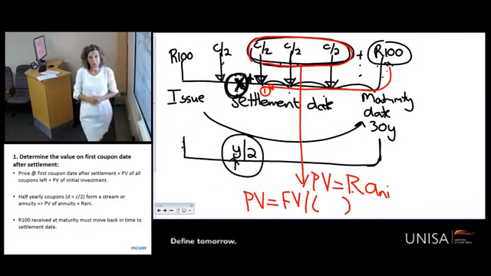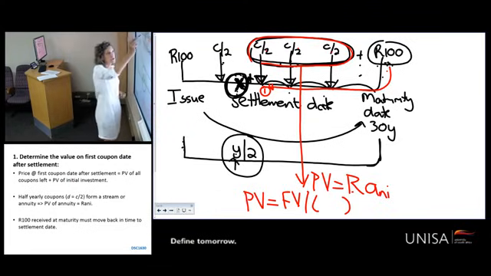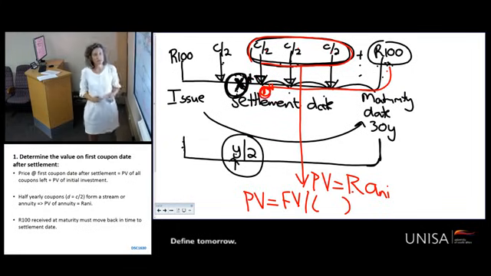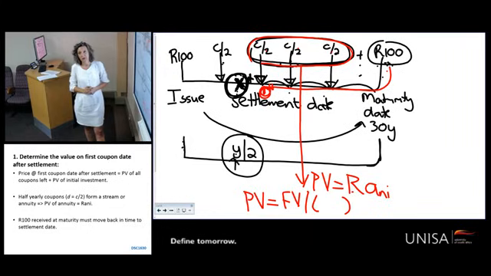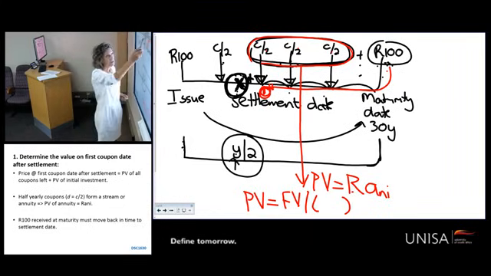That's another way. So what we do is we determine the value here, which is the next coupon date after settlement. We get the present value of the annuity plus the present value of the 100 Rand that you will be receiving. We move back in time.